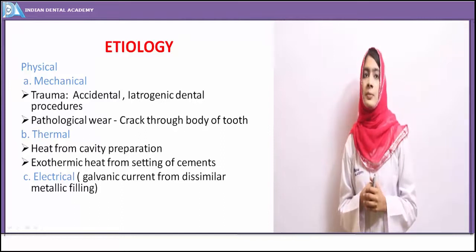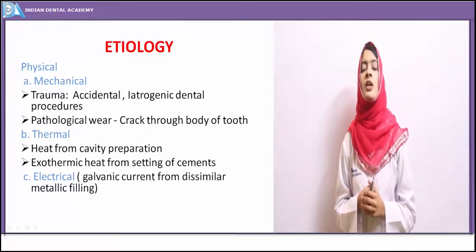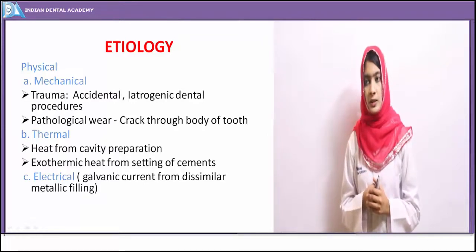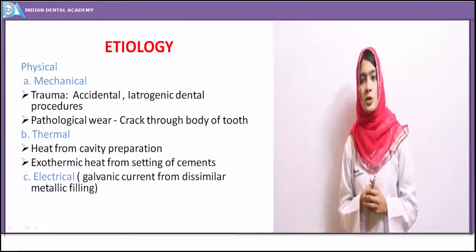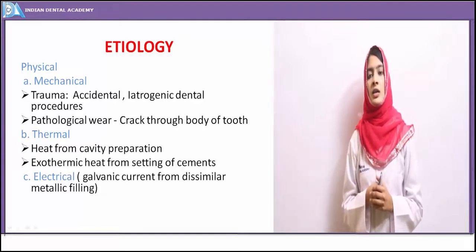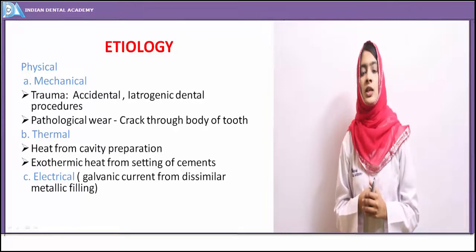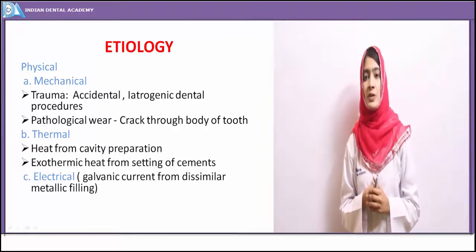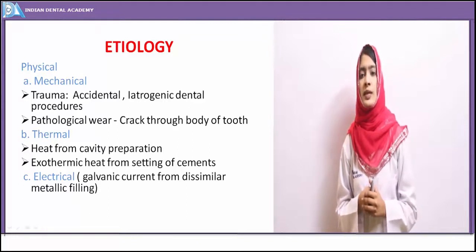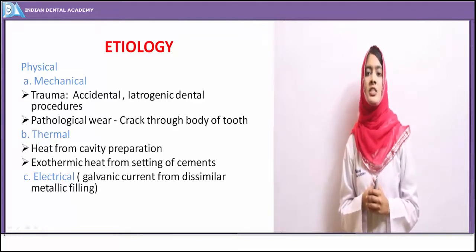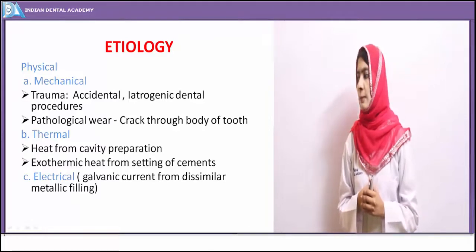And sometimes there may be fractures within the tooth, pathological fractures, responsible for causing the inflammation of pulp. Or sometimes the excessive heat which is produced during cavity preparation, when you are repairing a decayed tooth, because of the excessive vibrations and excessive heat produced by the handpiece, it may lead to thermal damage and induce inflammation in the pulp.